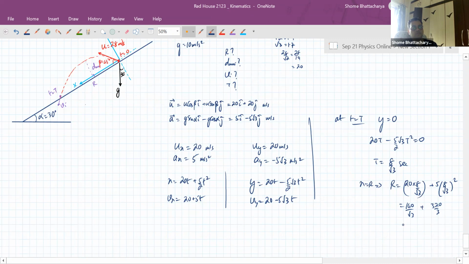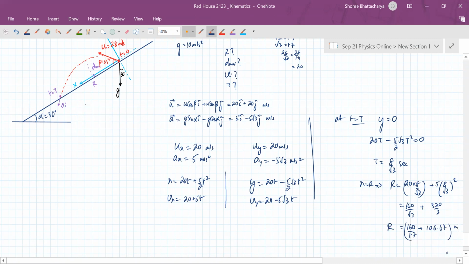Yes. So whatever this final value, this is going to be the range. Sir, 5 by 2 into 8 by root 3 square. Also 5 by 2, no? Right. So there is another factor of half here.